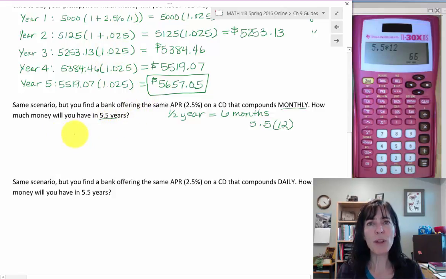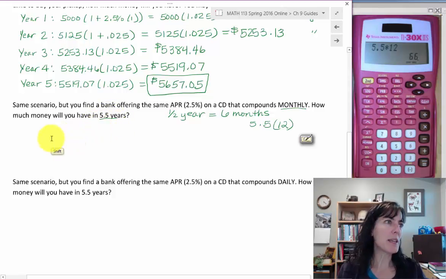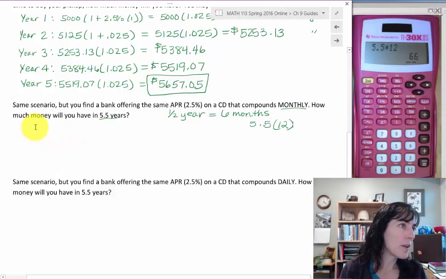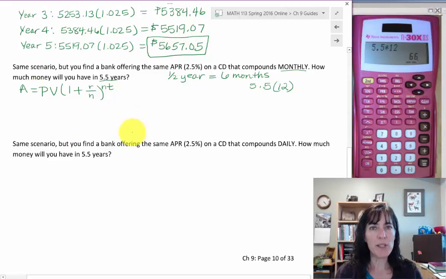So we can use that. Mathematicians came up with a formula that came from the simple interest formula, but it looks like this. A equals PV, for present value or starting value, times the quantity, 1 plus, remember that 1 plus we had up here. This time we take the rate and divide it by the number of times we compound in a year, times that number of times we compound in a year, times the time. And if we're compounding monthly, then how many months are in a year? 12.